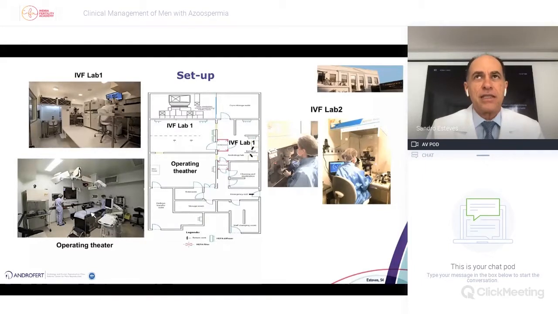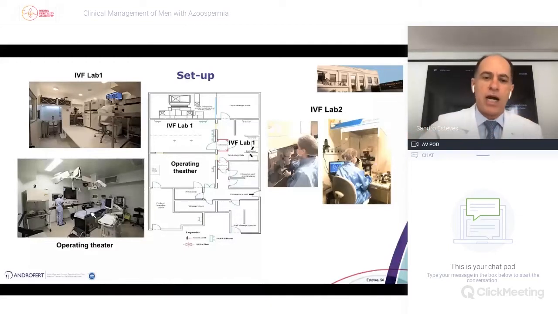So we never do the procedures in an operating theater in the hospital and then transfer the specimen to the IVF lab and wait for the IVF lab to provide us the results. This is almost immediate communication between the doctor doing the procedure and the embryologist conducting the sperm search.